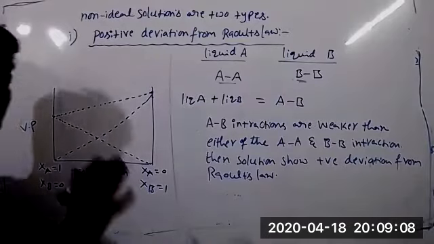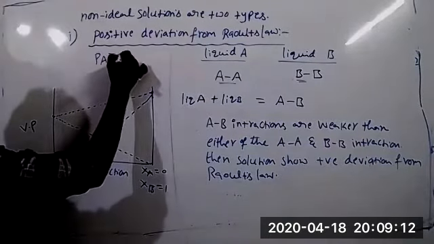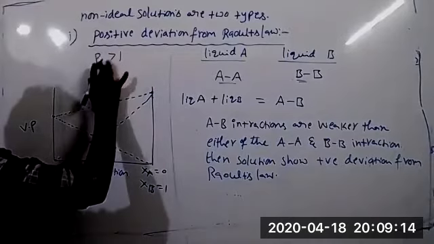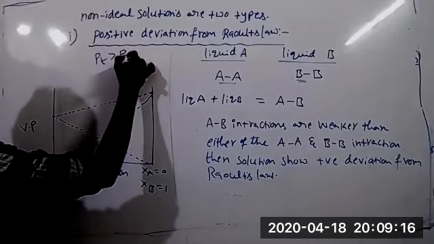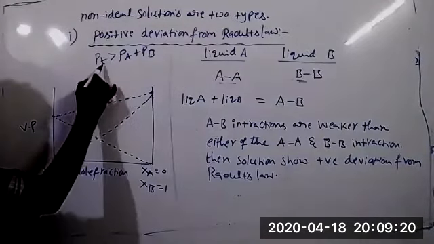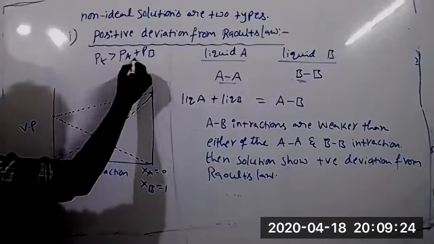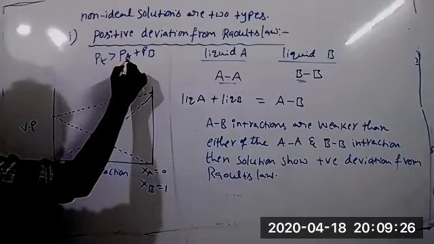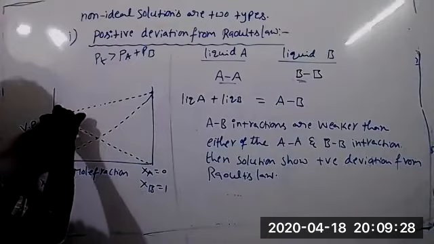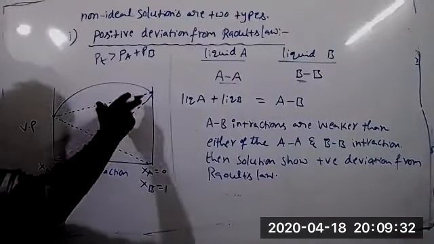The solution shows positive deviation, and I also told you the formula, PT is greater than PA plus PB. It means total vapor pressure is higher than the sum of the partial pressures of component A and component B. So it comes like this, we call it a parabola.